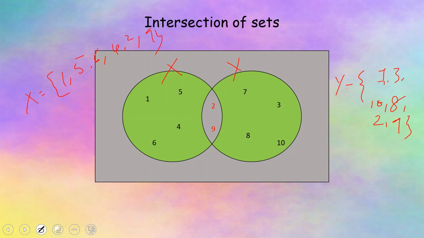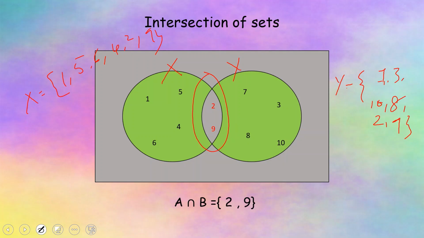So these are the elements which the sets x and y are containing. Now intersection, I told you, is elements that are common to both the sets, and if you observe, 2 and 9 are common. So this is called the intersection of sets.